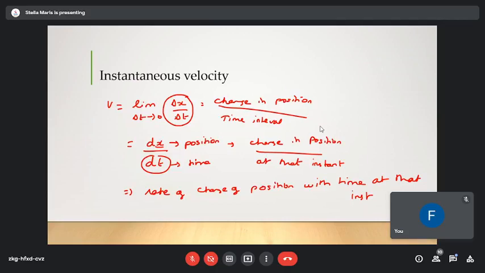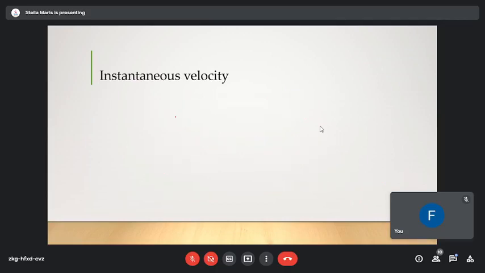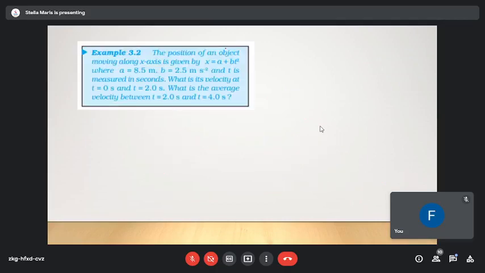Okay, and the next we are seeing is an example sum. Here they have given the position of an object along the x-axis as an equation, that is x is equal to a plus b t squared, where a and b are constants.